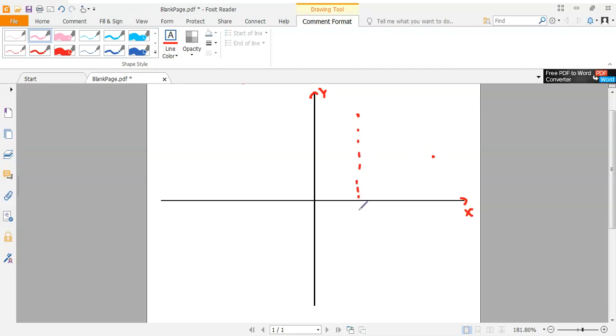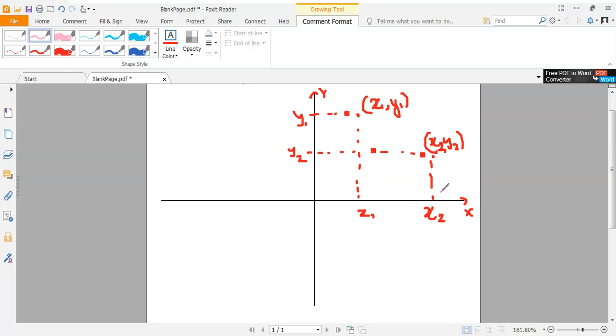So let's say if this is x1, if this is y1, if this distance is y2, and if this is x2, then we can name this point (x1, y1), and we can name this point (x2, y2).